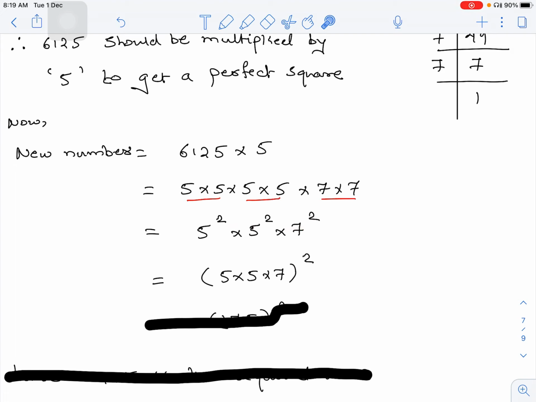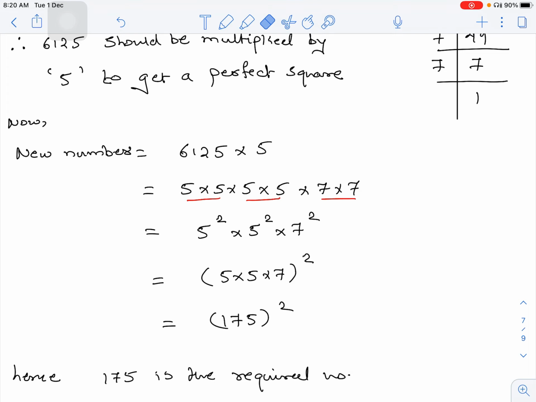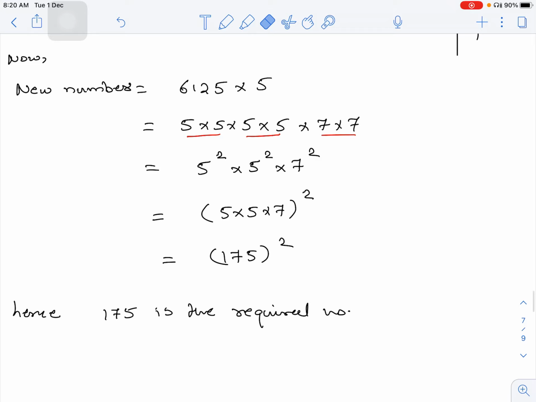Now 5 fives are 25 and 25 sevens are 175. So 175 raised to 2. What does it mean? That our new number is the square of 175. So finally our answer is 175, which is our required number.